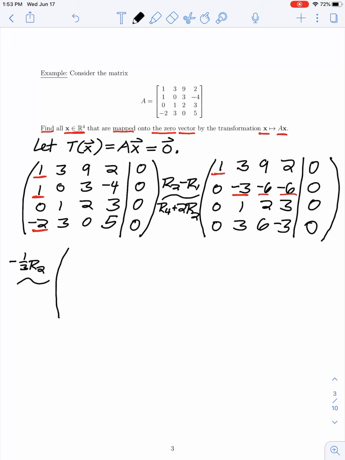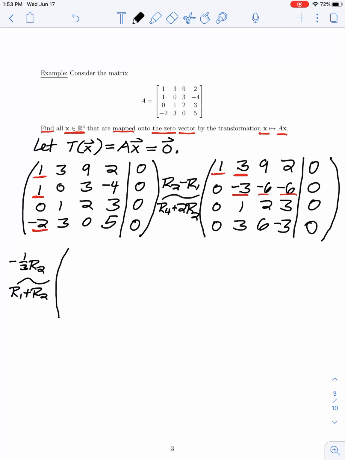Now in this same step, I want to try to row reduce a little further. I know that in the first row, I want the second entry to be a 0. So an easy way to get a 0 in that first row would be to add row 2 to row 1. So I'm also going to take row 1 and add row 2 to this.